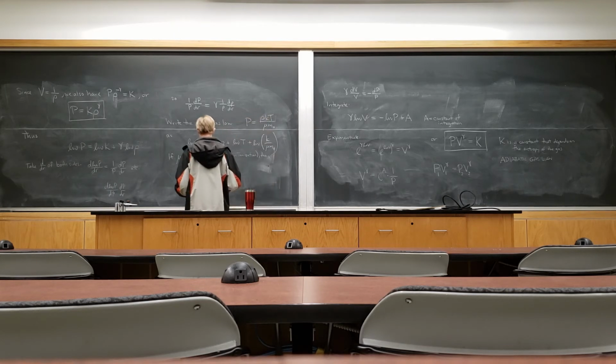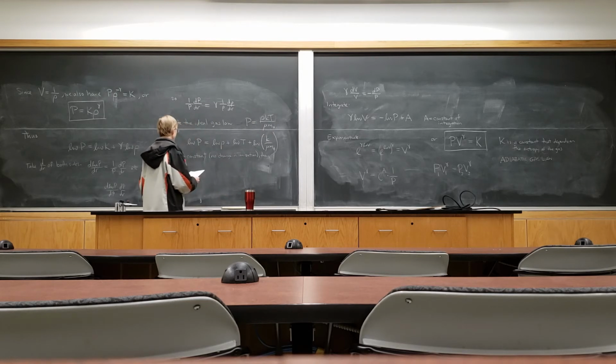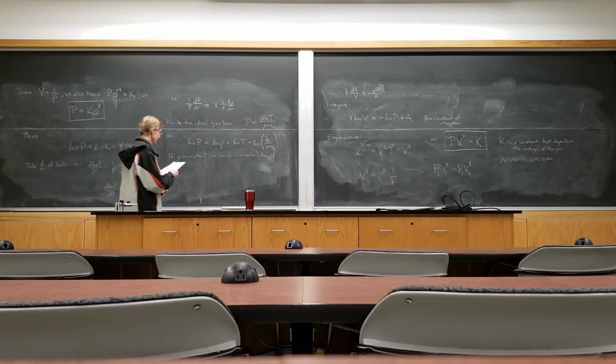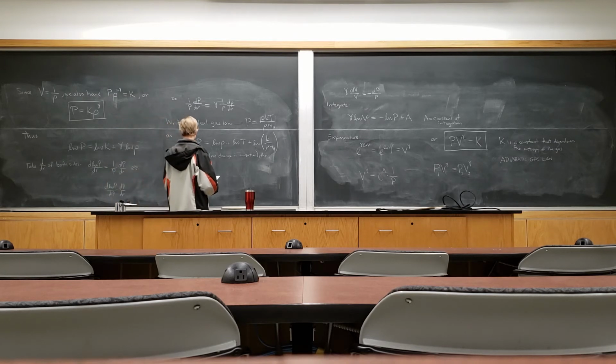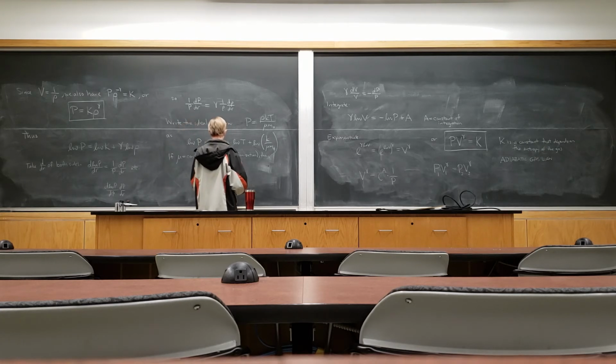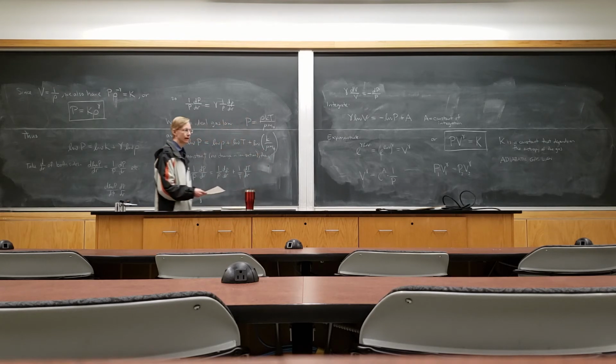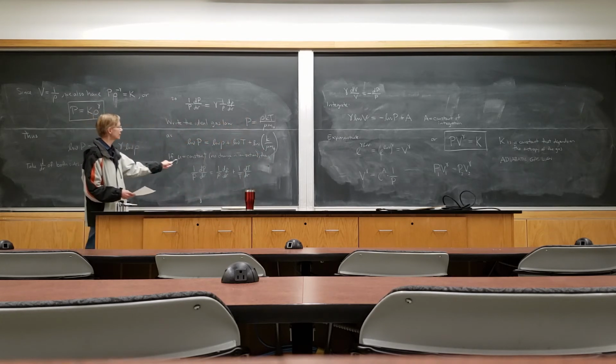Well, then we can say, by taking derivatives again, that 1 over P dP/dr is equal to 1 over rho d rho/dr plus 1 over T dT/dr, and then the constants don't differentiate because mu is constant.